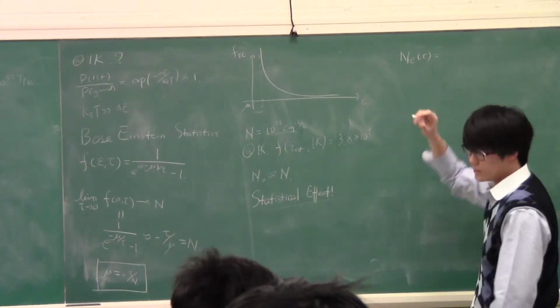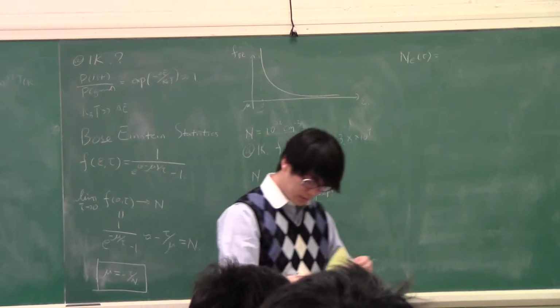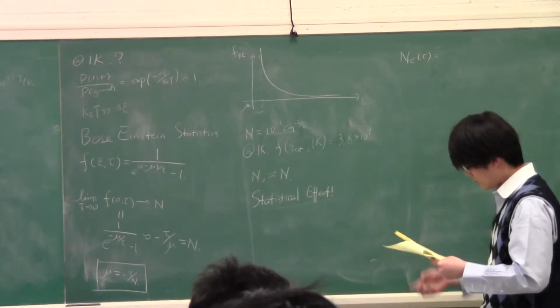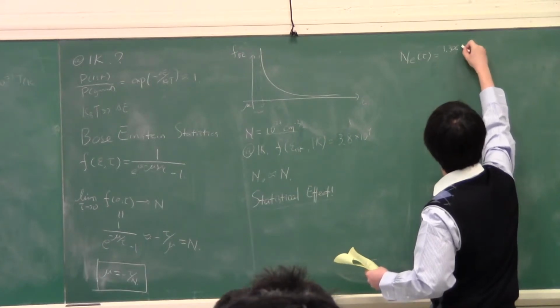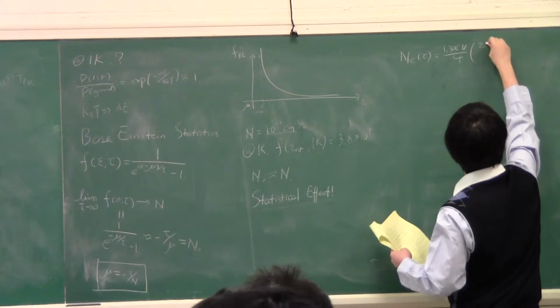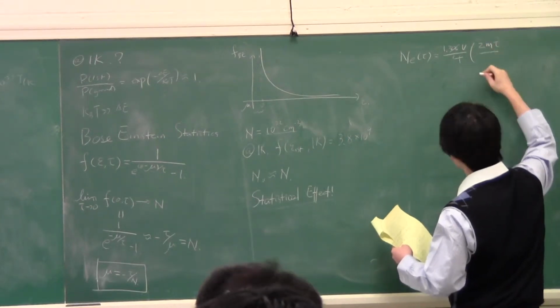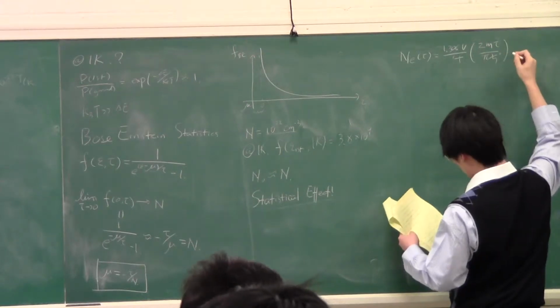It turns out to be, I cannot remember the formula, 1.306 V divided by 4 times 2 mL divided by h bar squared.